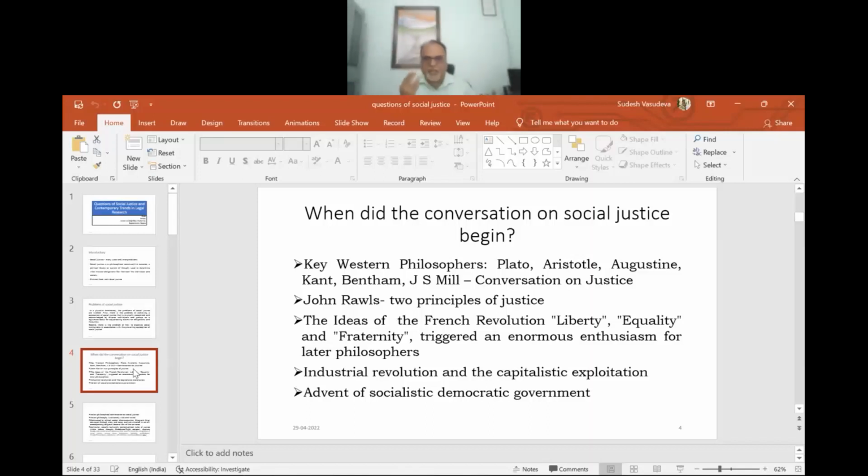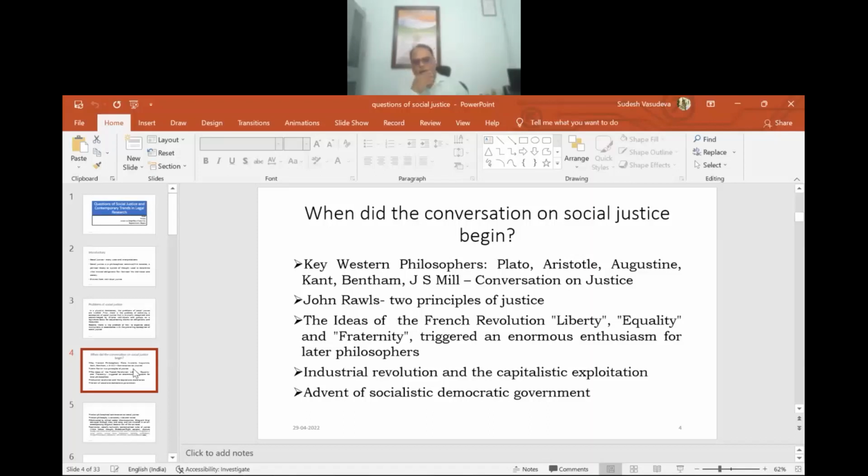And it created three important concepts, which were then later used by other philosophers to conceptualize social justice. And these three words, liberty, equality, fraternity, triggered enormous enthusiasm for all later philosophers. So various revolutions that were brought about were a result of these three important concepts.